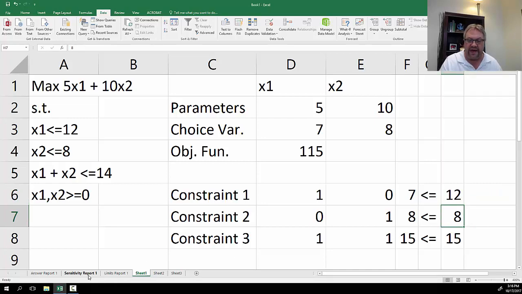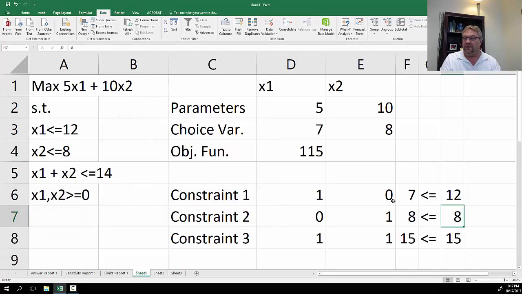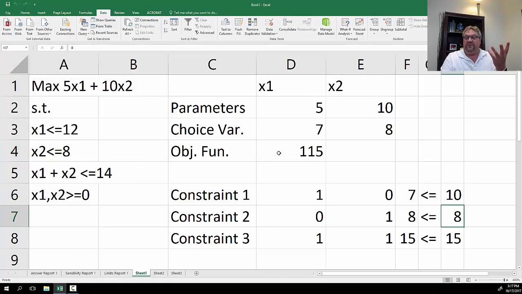Okay, so that is what these are telling us. Now, I can decrease this constraint by 6, and my shadow price will remain valid. So let me go down to 10, right, and watch. I can go down as far as 6, but I'll just knock off 2, solve, nothing happens, right?